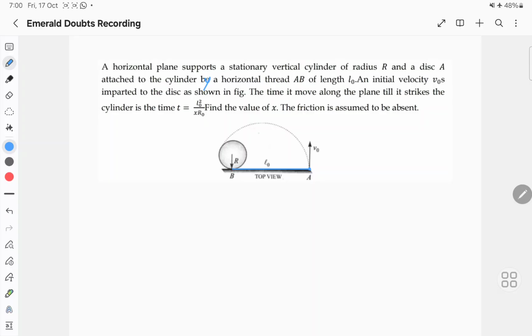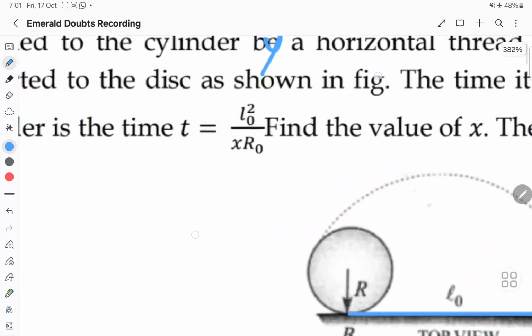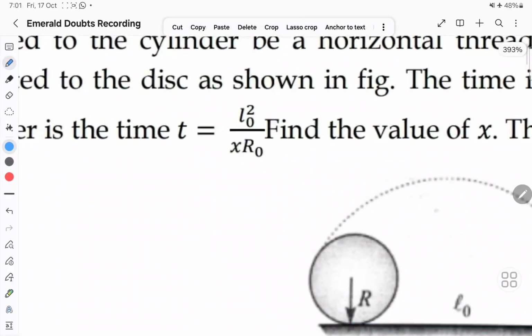An initial velocity of V0 is imparted to the disc as shown in the figure. The time it moves along the plane till it strikes the cylinder is the time t equal to L0 square by x r0.